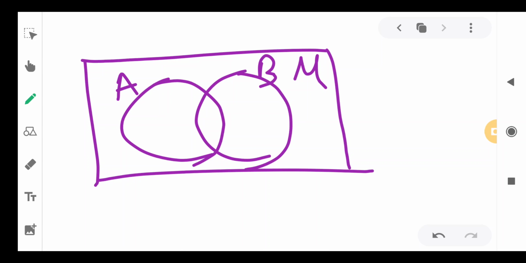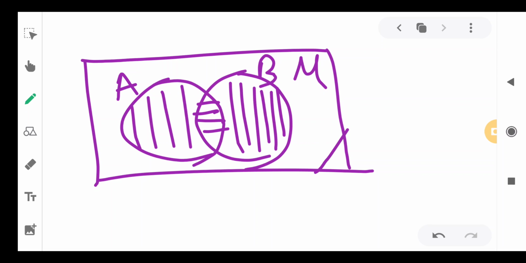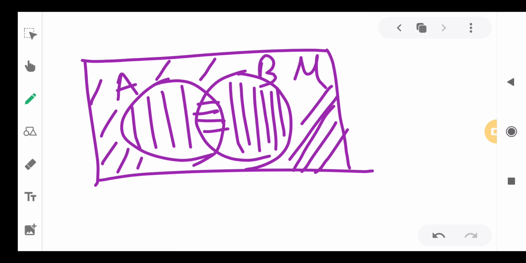It has four parts: this is one part, this is another part, and so on. When we define a well-defined collection of objects as a set, mu is well-defined, A is well-defined, B is well-defined, and each part is also well-defined.